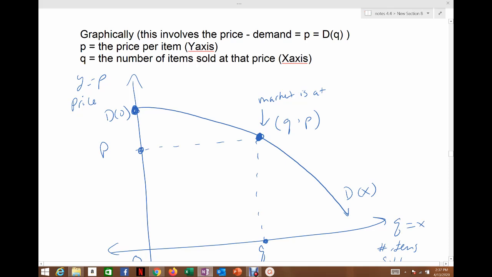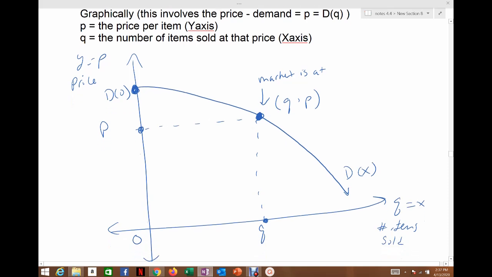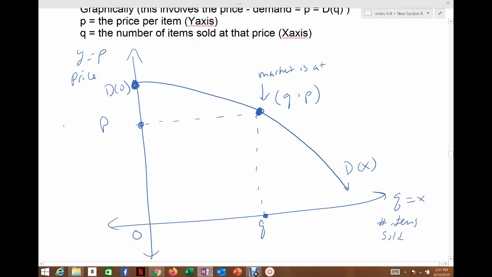So here's my demand curve. This dotted line, this box shape is important. This is where the current market level is at. They're currently selling, this would be the current price, and this would be the current number of items sold. Which means this box area is our revenue, because revenue is price times quantity.